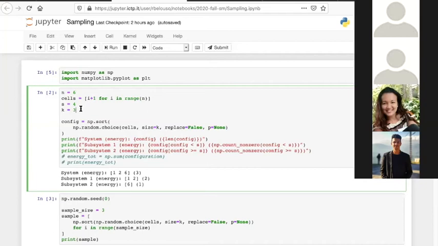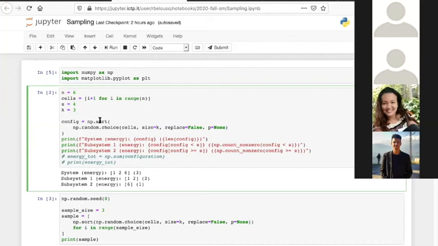If I put S equals 4, then cells 1, 2, 3 are in the first subsystem. Because I arrange my cells on a line, it's convenient to define a wall. When we defined the super system, we placed a wall to separate subsystem 1 from subsystem 2. So S is the wall, basically, the coordinate of the wall.